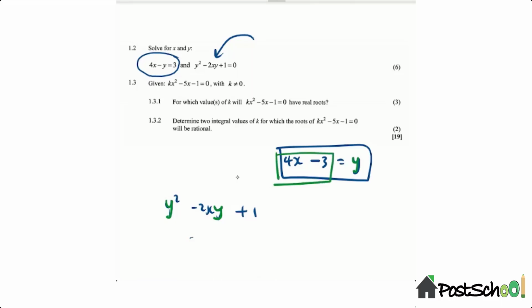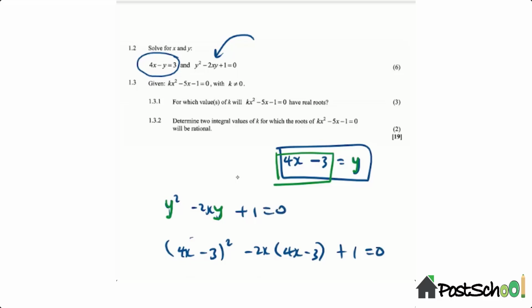So instead of having y, we are now going to have 4x minus 3, since we know that y equals that. So instead of y, we are now going to have 4x minus 3 squared, and here instead of y, we're going to have 4x minus 3, plus 1 equals 0.